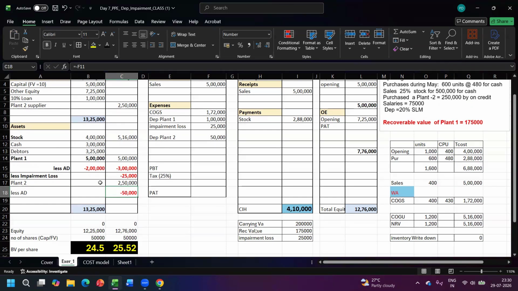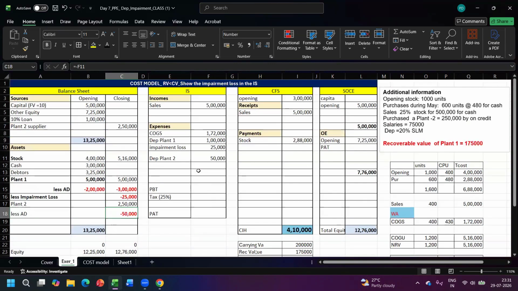At the end of the year, the carrying value of plant 2 is cost minus depreciation. So till now, we have used Ind AS 2 for inventory, Ind AS 16 for plant depreciation, and Ind AS 36 for impairment loss.